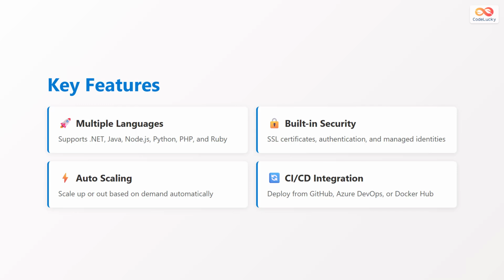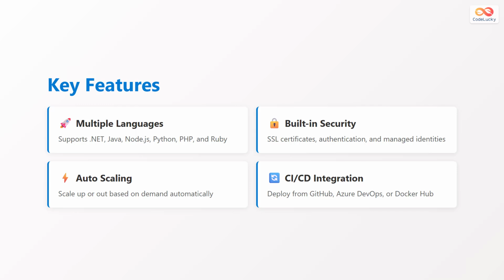Azure App Service comes packed with powerful features. First, it supports multiple programming languages including .NET, Java, Node.js, Python, PHP, and Ruby, giving you flexibility in choosing your tech stack. Second, it provides built-in security features like SSL certificates, authentication mechanisms, and managed identities for secure access to other Azure resources.